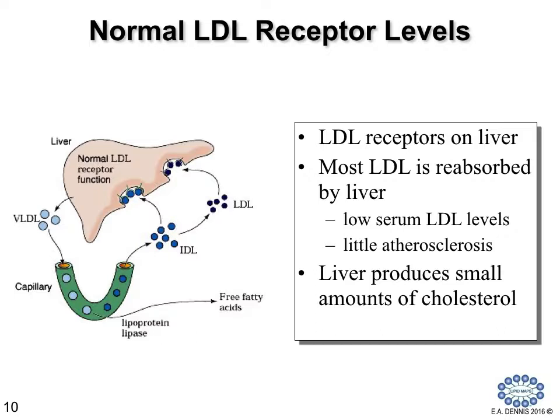They are passing through the capillary endothelial cells where lipoprotein lipase liberates free fatty acids from the triglycerides, resulting in intermediate density lipoproteins, IDL, and uptake of those products, often called remnants, by the normal LDL receptors. But some of the intermediate density lipoproteins lose more of their triglyceride to become LDL particles, and they too are taken up by the LDL receptor.